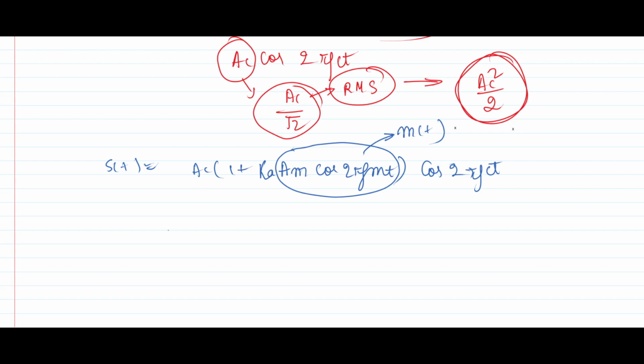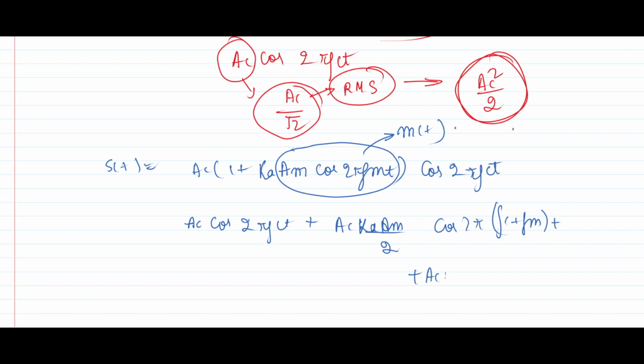I'll multiply it, and the answer obtained would be Ac cos 2 pi fc t plus Ac ka Am by 2 cos 2 pi (fc + fm) t plus Ac ka Am by 2 cos 2 pi (fc - fm) t.